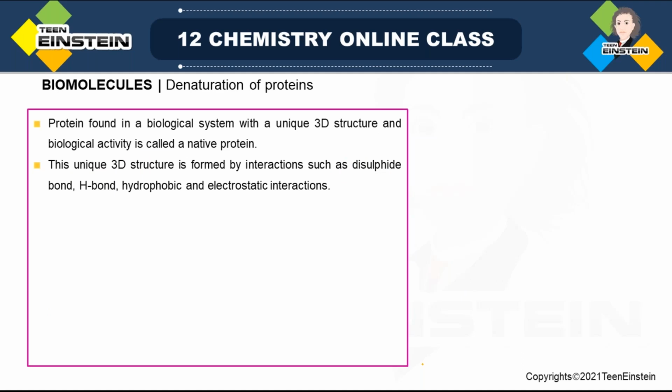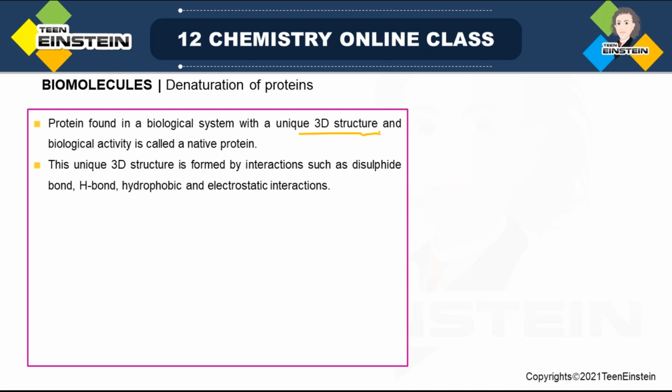Denaturation of protein. As the name suggests, denaturation means there will be some change in the structure of protein. We have just discussed that in a biological system, protein is found with a unique 3-dimensional structure, and also their biological activity is fixed, right?